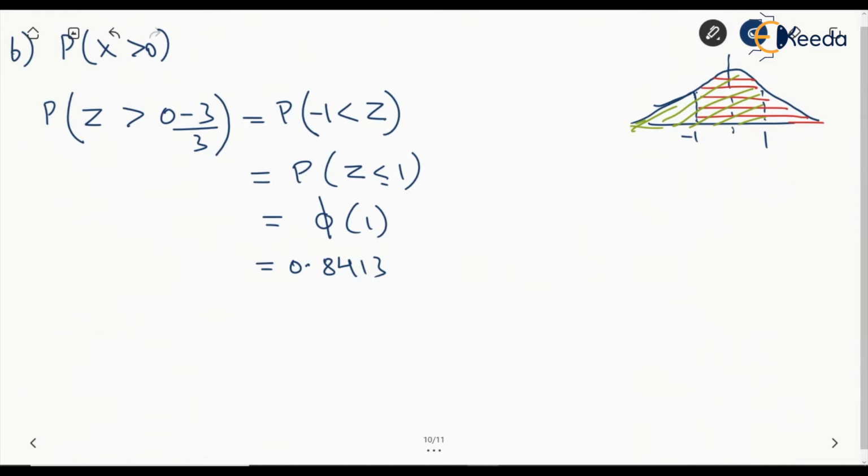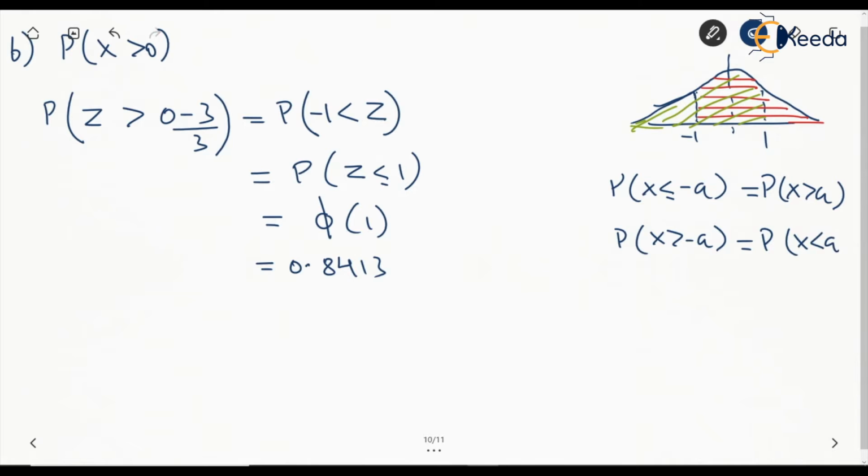Like we have seen that probability for x less than minus a is same as probability of x greater than a. Similarly, probability that x is greater than minus a is same as probability that x is less than a. Getting my point? If it is equal to, you can put equal to.